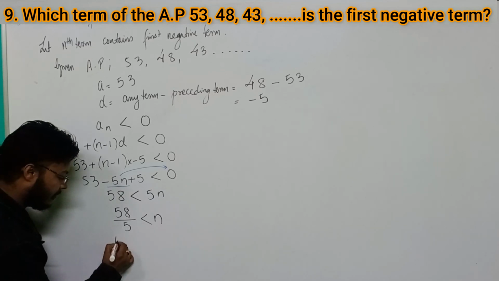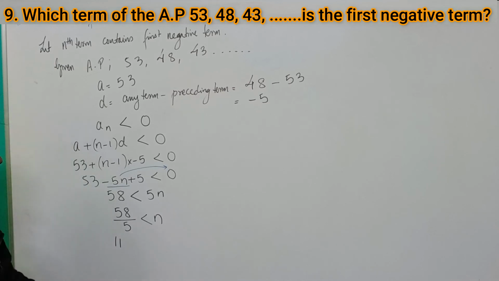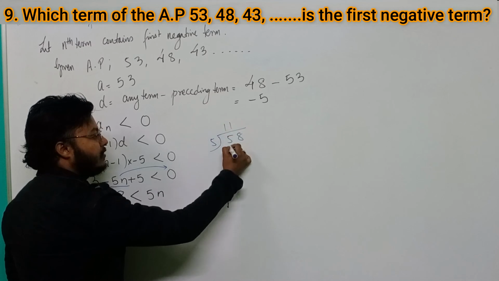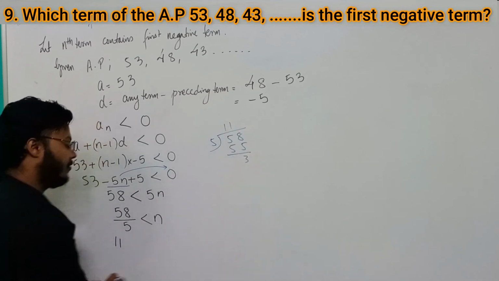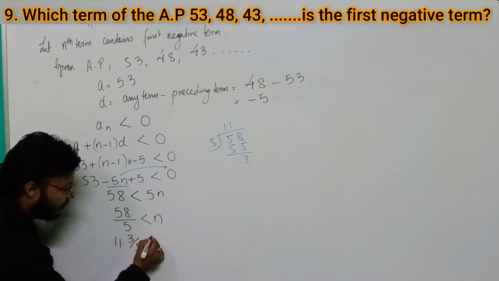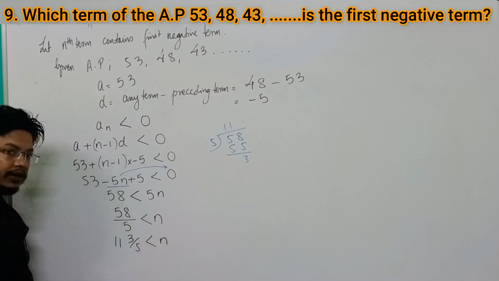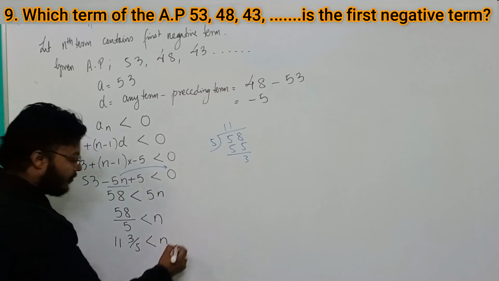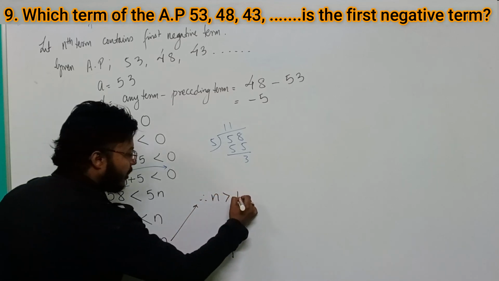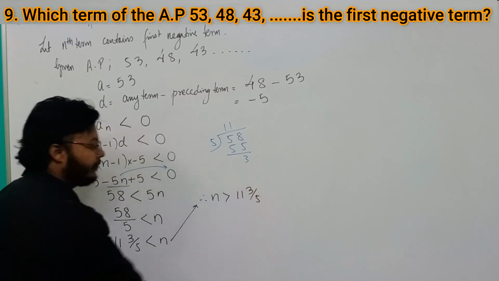Let us divide on the rough. 5 elevens are 55, so I'm getting remainder 3. So 11 and 3 by 5 is less than n. Therefore n is greater than 11 3 by 5.